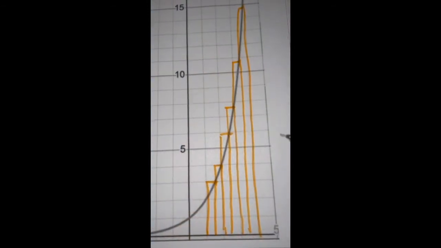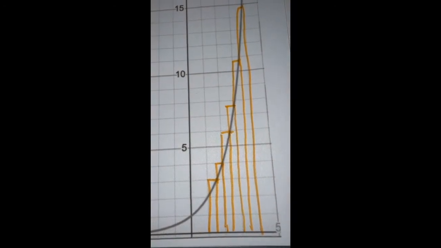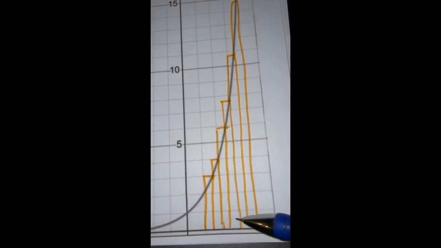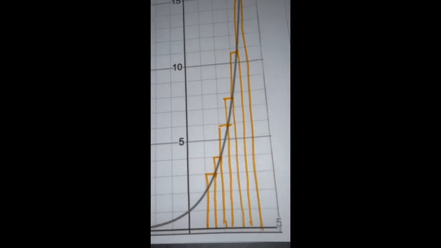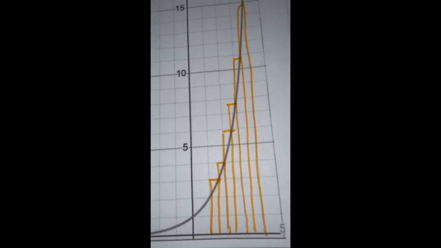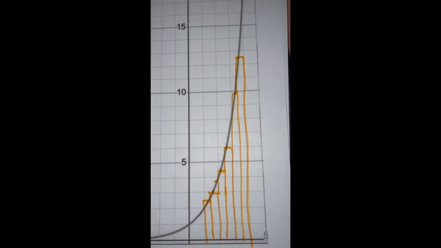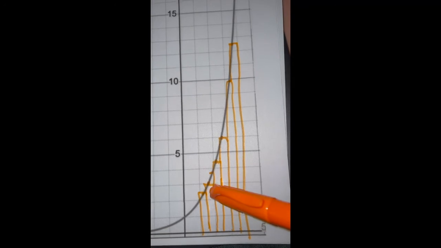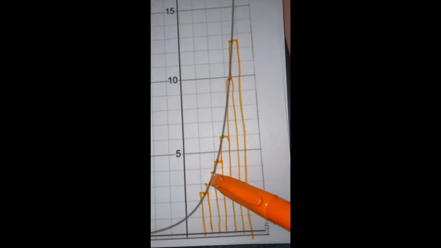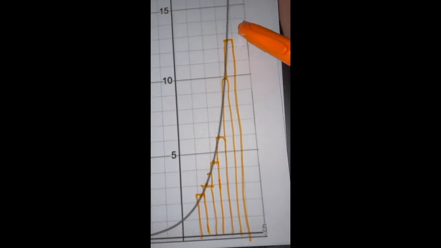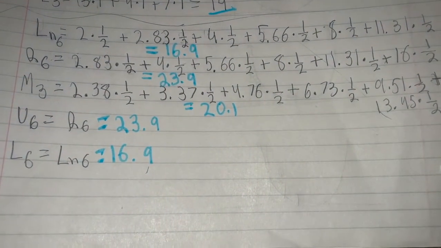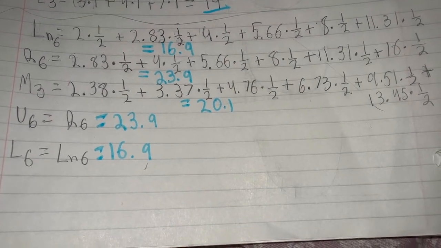So for upper and right Riemann sum, you're going to be looking at the values at 1.5, 2, 2.5, 3, 3.5, and 4. So lastly, for our midpoint Riemann sum, you're going to be looking at the values at 1.25, 1.75, 2.25, 2.75, 3.25, and 3.75.